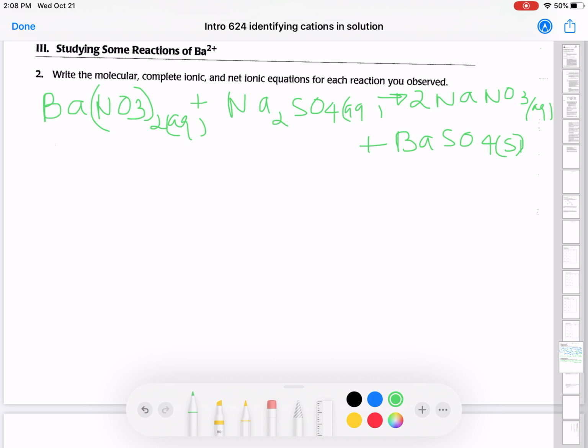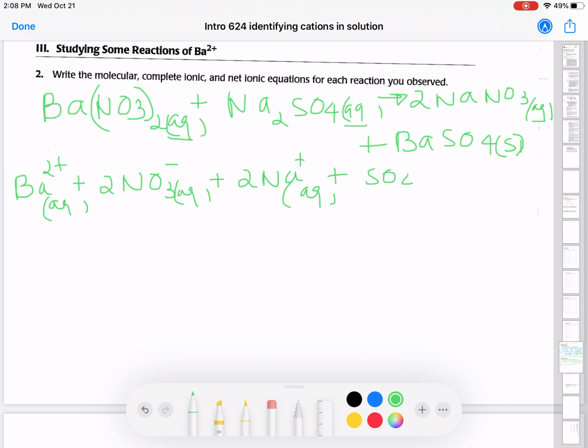And then the complete ionic equation: everything that remains aqueous, you're going to separate into ions. So the barium nitrate can be separated into barium 2 plus and 2 nitrate. All of these need to be aqueous. Plus there are 2 sodium ions plus sulfate.